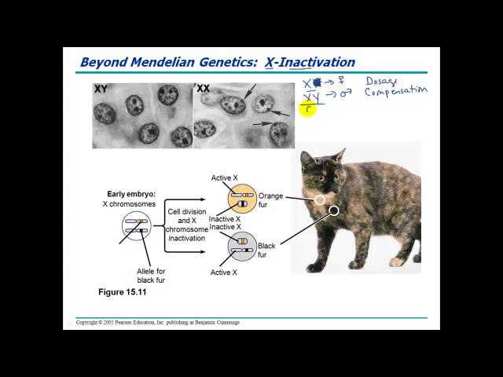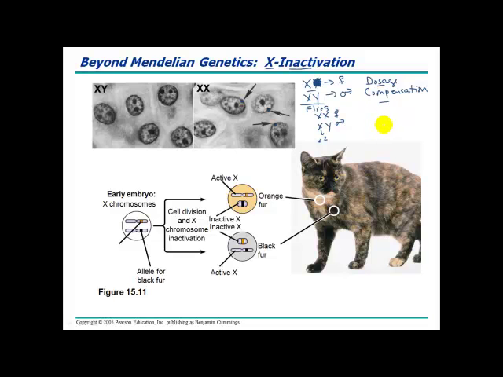If we looked at flies, flies are also characterized by XX being female and XY being male. But rather than having X inactivation, what flies do is they take that single X chromosome and they double the expression of every single gene on their single X, bringing it up to a level that matches that of female, right? So there are different ways to accomplish dosage compensation. X inactivation is just the way that it's accomplished in mammals like us.